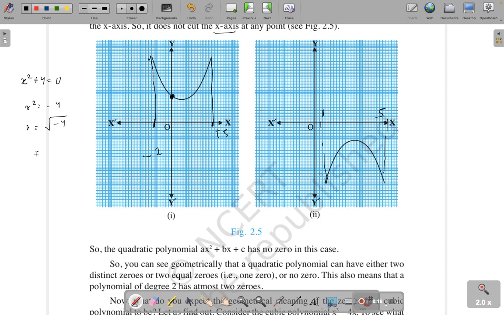Then you separate it like this, root over minus 1 times root over 4, which becomes 2 root over minus 1, right? This root over minus 1 is iota, which is an imaginary number. Root minus 1 is the only imaginary unit we have, in the form of i. So you can represent every number using this.